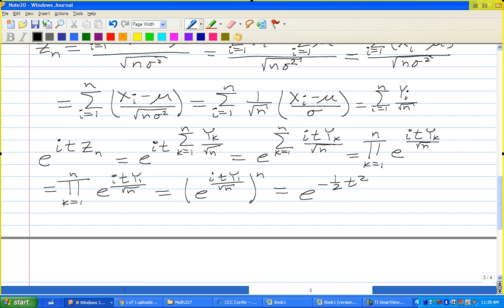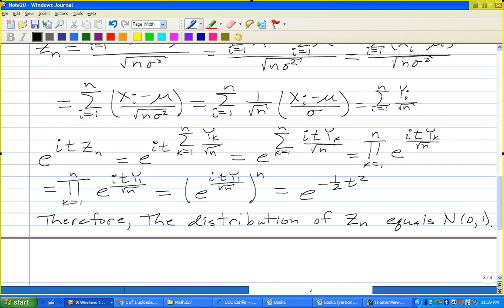So therefore, this step here shows the distribution of Zn equals the standard normal distribution.